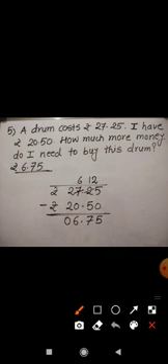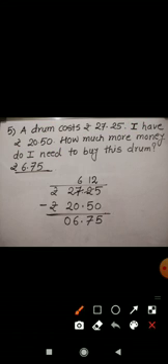Now the fifth one. A drum costs rupees 27.25. I have rupees 20.50. Then how much more money do I need to buy this drum? See, in this statement it is given the cost of the drum is 27 rupees 25 paise, right? But I have only 20 rupees 50 paise. Means I have an amount which is less than the cost of the drum.